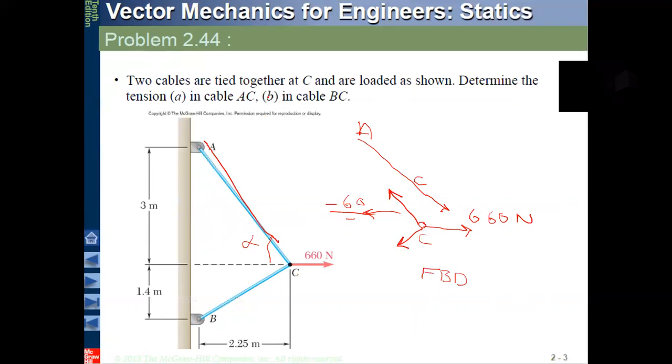But you know from this problem that these are two cables, so they can only carry tension forces. So AC is carrying a tension force on both sides. The force imposed by cable AC on point C should point outward from point C, and the same is true for BC.